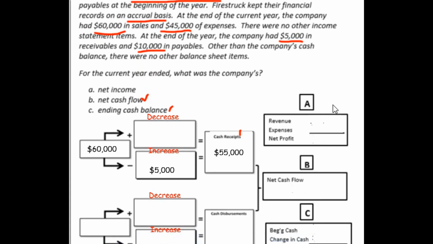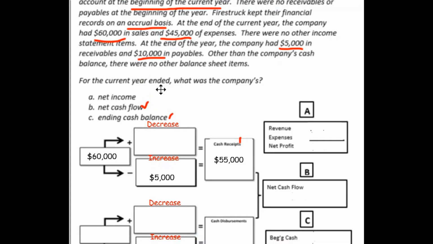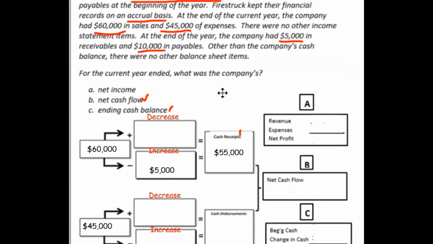Now let's take a look at the cash disbursement side. We're told that we had total expenses of $45,000 for the year, so we put the $45,000 in the expenses box. Now again, in this case, we had a $10,000 increase in payables. We started out at 0 and we ended up with $10,000.